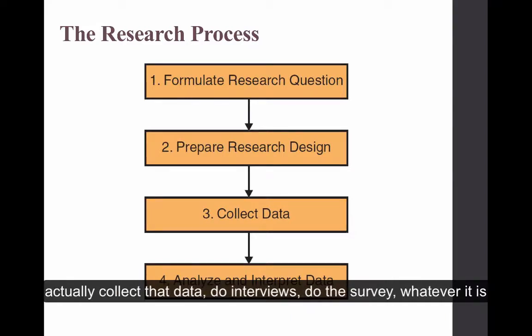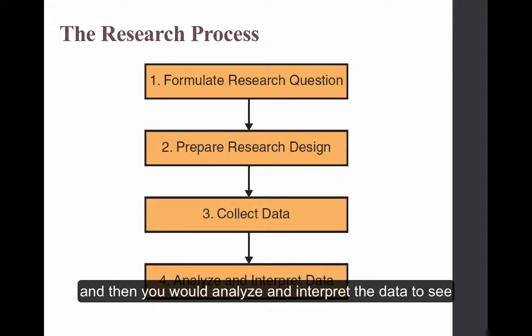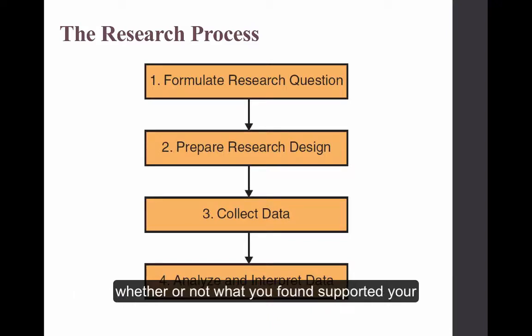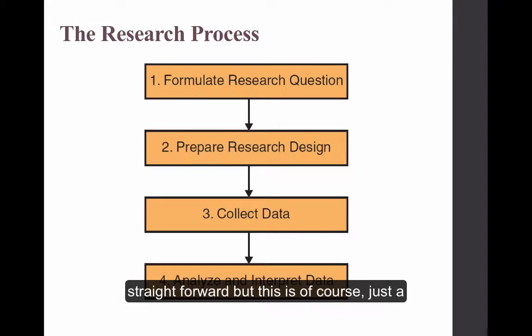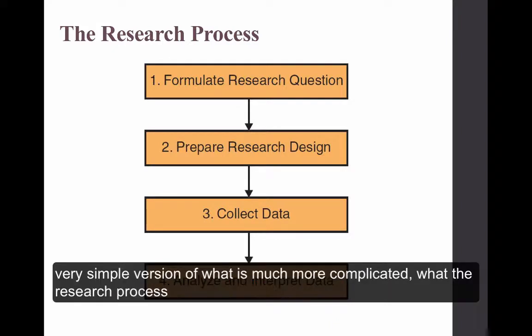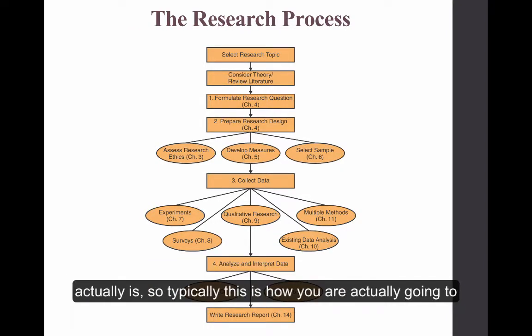And then you'd actually collect that data, right? Do interviews, do the survey, whatever it is. And then you would analyze and interpret the data to see whether or not what you found supported your hypothesis that you made at the end of your lit review, right? So it's pretty straightforward. But this is, of course, just a very simple version of what's much more complicated, what the research process actually is.